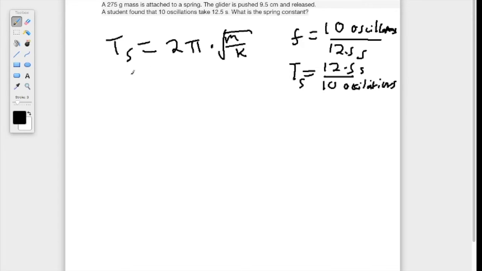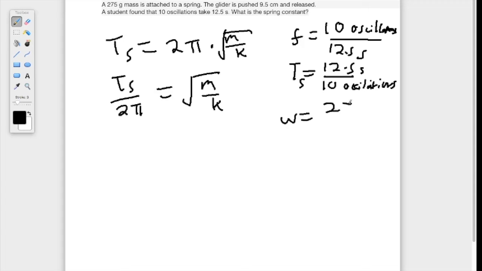So what I'm going to do is divide by 2 pi. So we get T over 2 pi equals the square root of m over k. But this itself actually looks like 1 over angular frequency, because w equals 2 pi over T. So that means 1 over w is T over 2 pi.